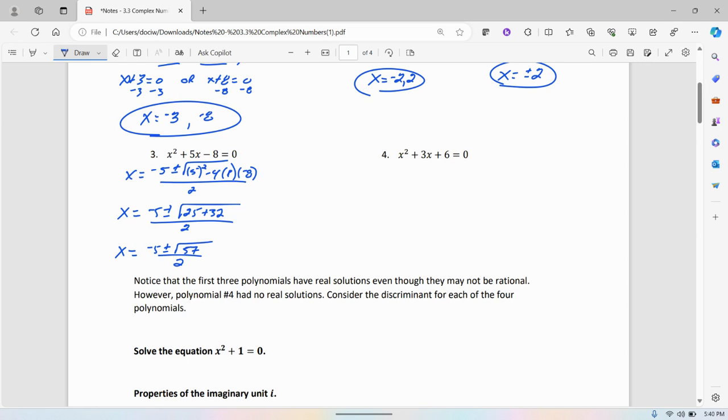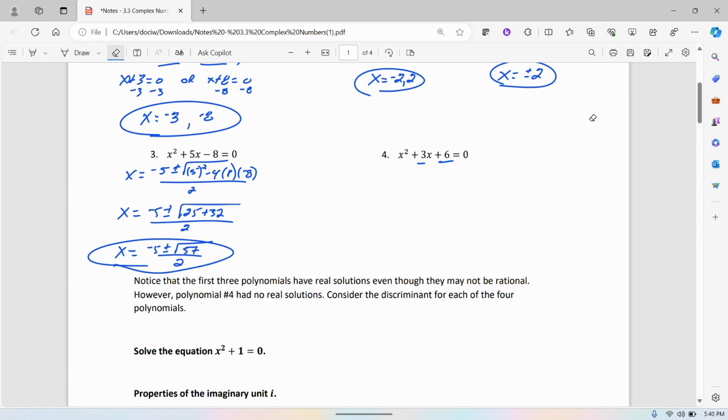We've seen quadratic trinomials that need the quadratic formula in the past. In number 4, let's try the same thing. I want to look for factors of 6 that add up to 3. The only factor pairs for 6 are 1 and 6 and 2 and 3, and neither one of those factor pairs is going to give me a sum of 3.